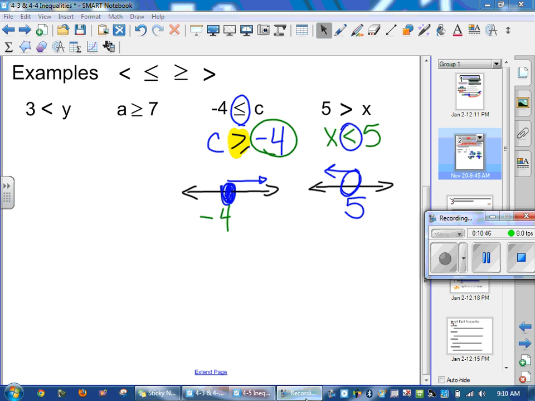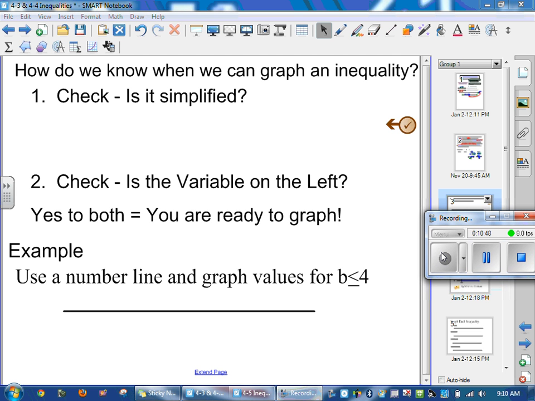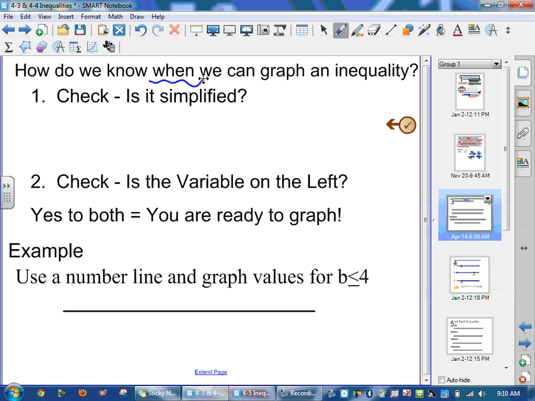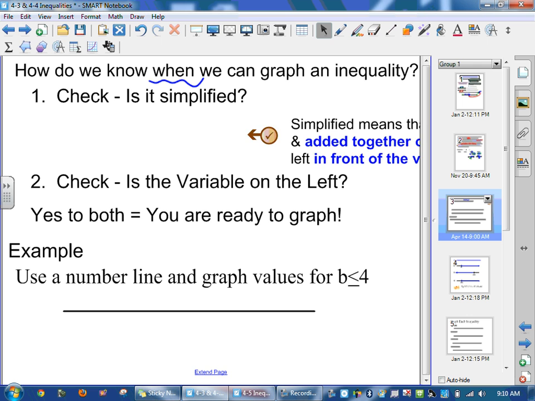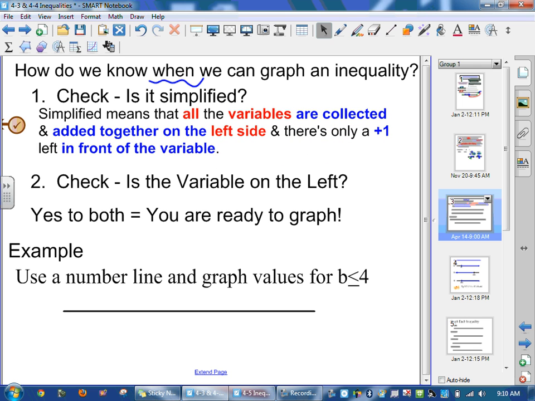Okay, the next question says, how do we know when we can graph? We need to know when we can actually graph the inequality. Well, we have to check if it's simplified. It is simplified when all of the variables are collected and added together on the left, and there's only a hidden positive one in front of our variable.